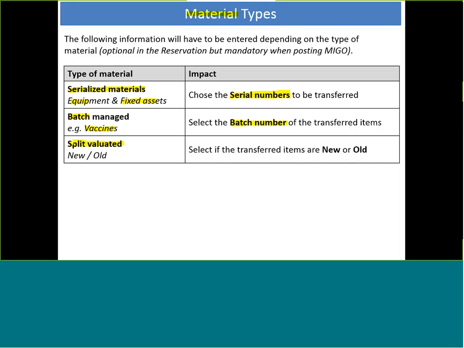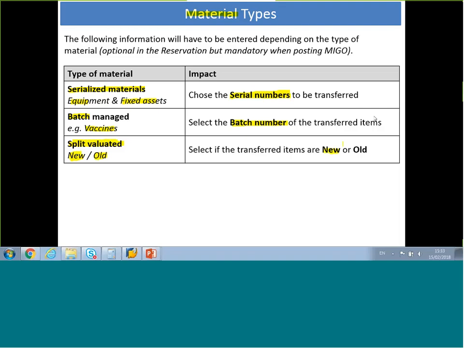What do we mean by split valuated materials? These are the materials where in the system we can keep track of how many we have new and how many we have old. So when we are transferring this kind of materials, the system will ask if we are transferring new or old.